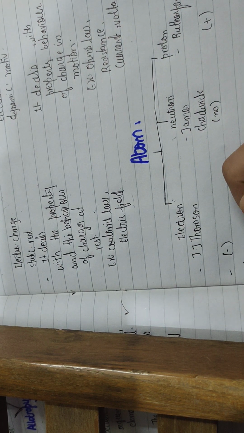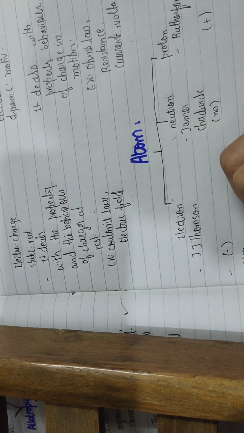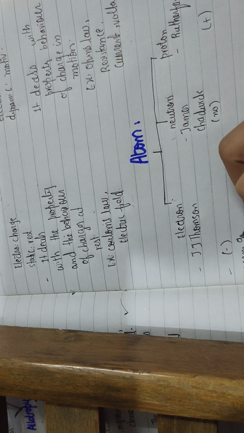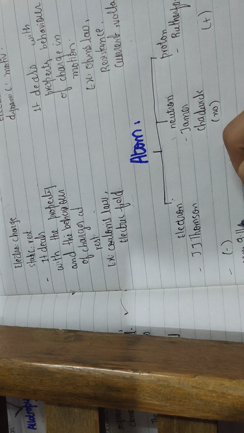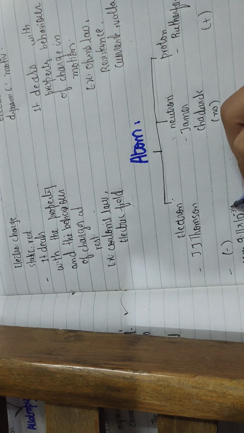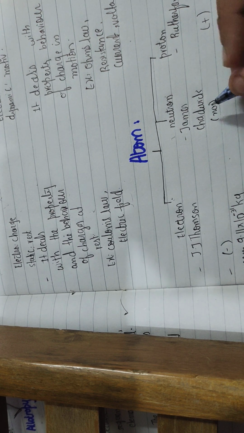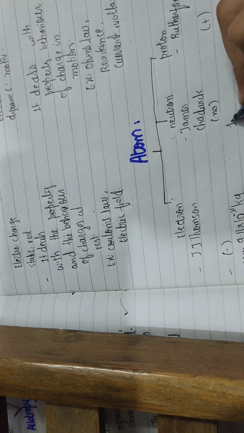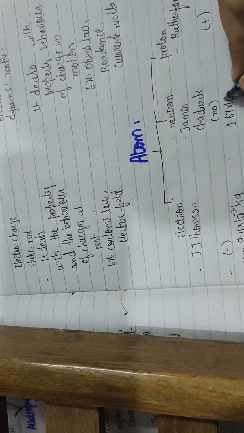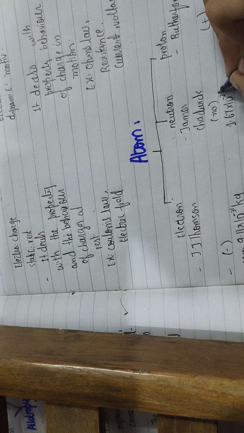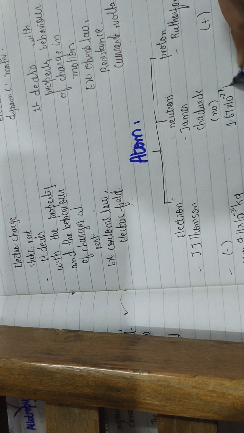Now we're talking about the mass. What is the mass of the electron? The mass of the electron is 9.11 times 10 to the power minus 31 kg. The mass of the neutron is 1.67 times 10 to the power minus 27 kg.